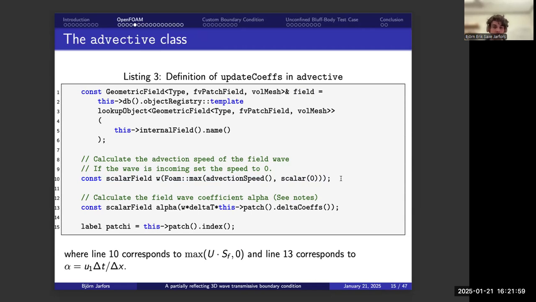But alpha is then determined as the wave speed multiplied by this delta t, and then divided by the distance from the cell center to the face. This you can see here. This is wrong. This should not be here. It should only be the velocity normal to the boundary.